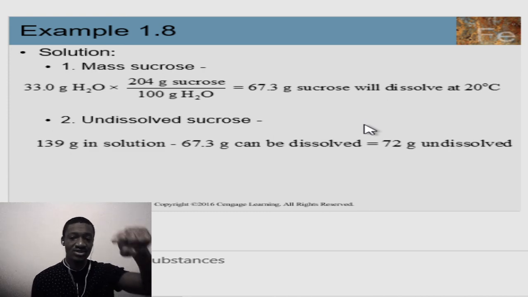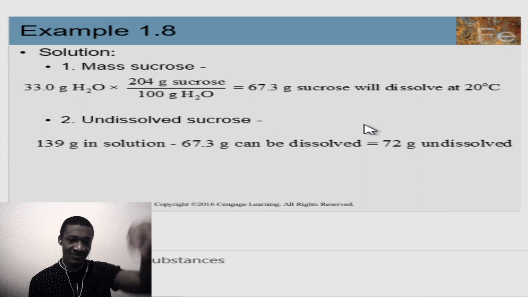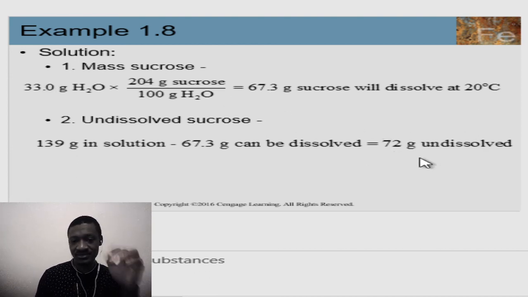It's like you work out the mass of water and find out the amount of sucrose that actually got dissolved, and then you go to the main total that is paired with 33 grams of water, and then you minus what you got from this, and then you have the amount that is undissolved. Does that make sense?